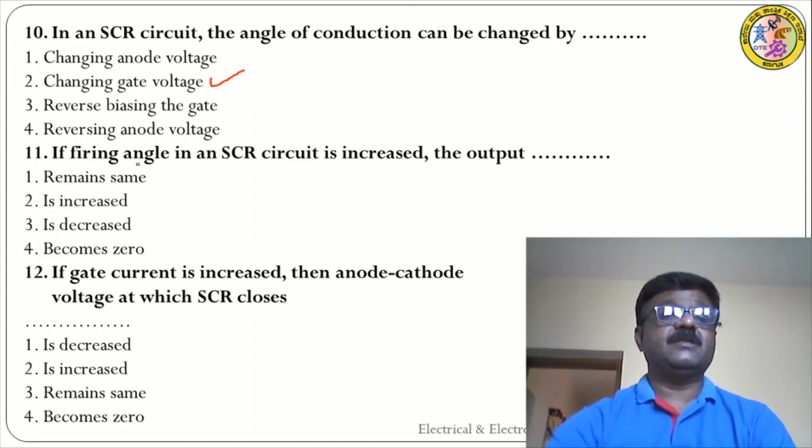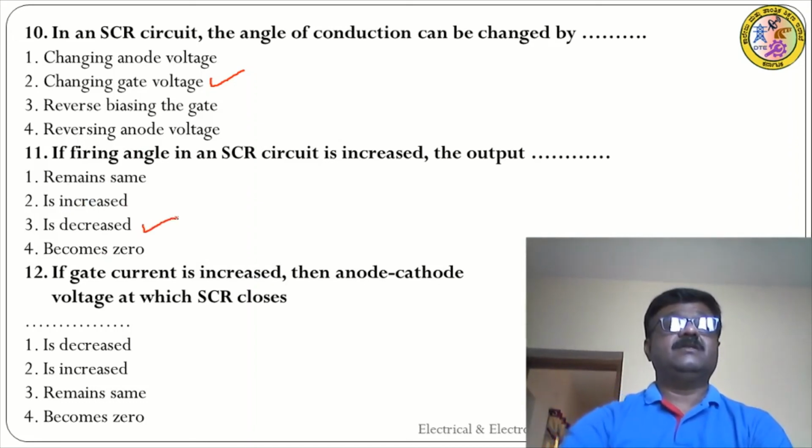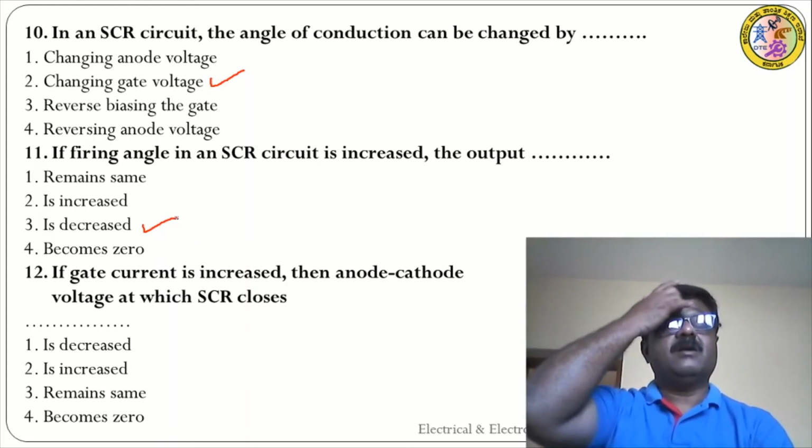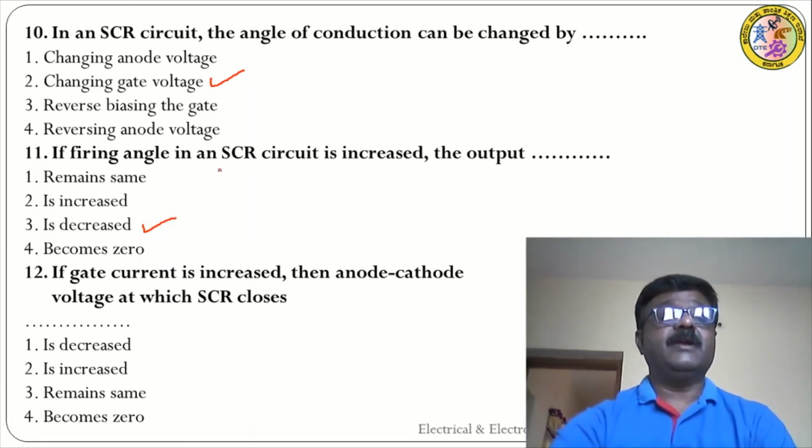If you increase the firing angle, the output voltage will decrease because the SCR will conduct for a smaller period. Firing angle means the SCR will be in the off state for a longer period. That's why it is decreased. The output voltage will decrease.